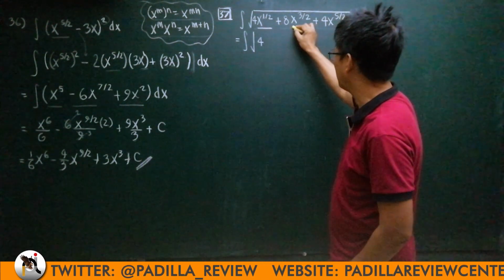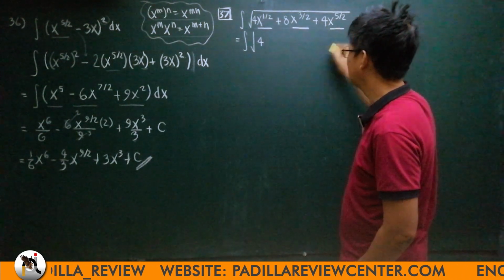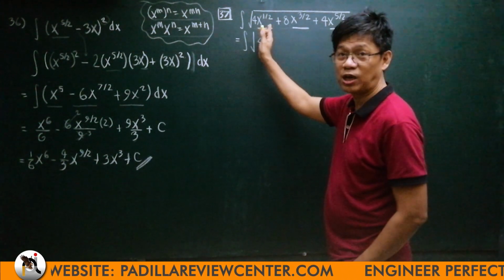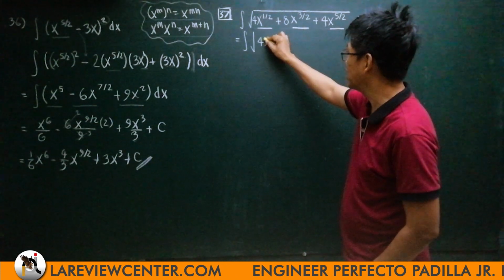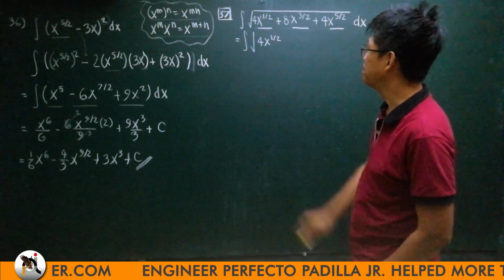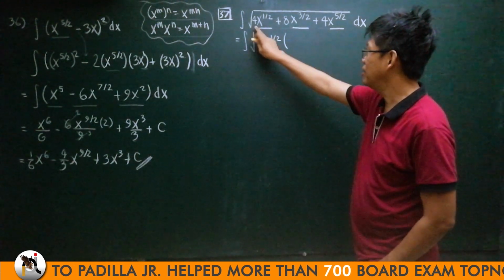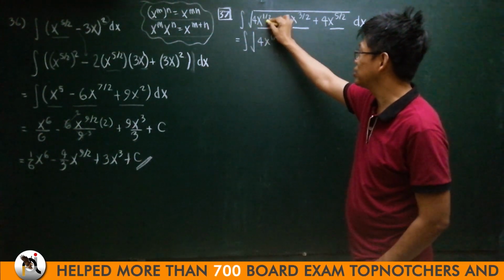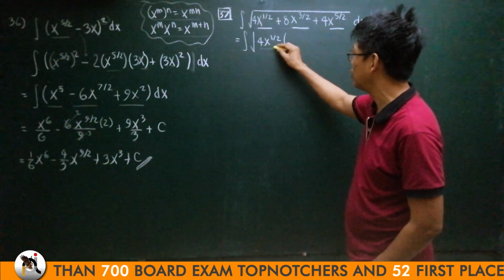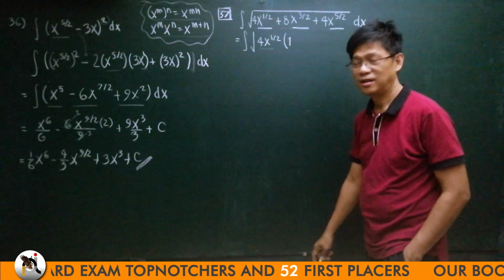x to the 1/2 is common, right? So, we factor out the lowest power of x, that is x to the 1/2. So, 4 divided by 4, nothing will be left here. x to the 1/2, we factor this out, so this is just 1.